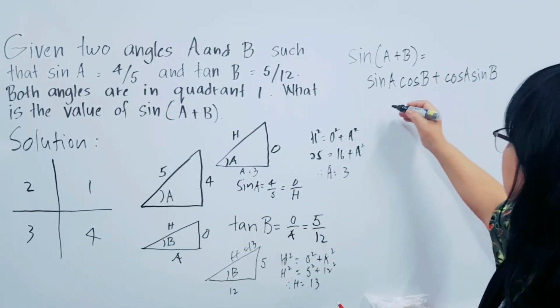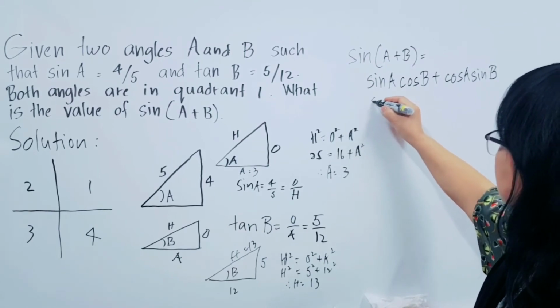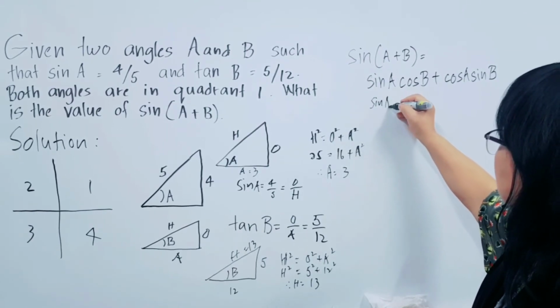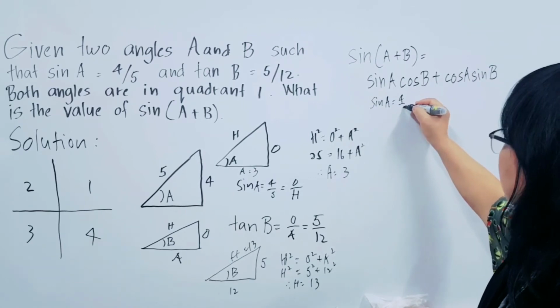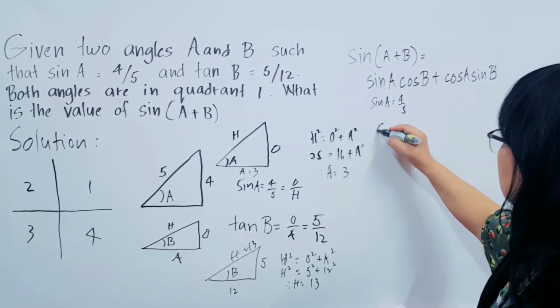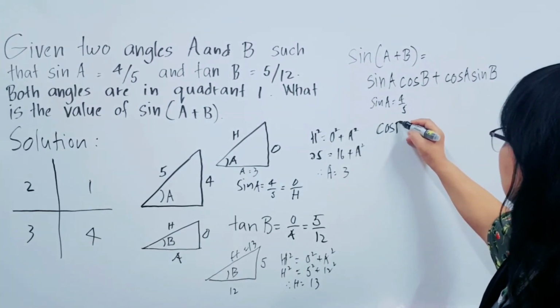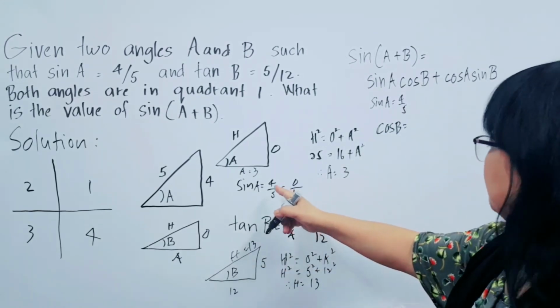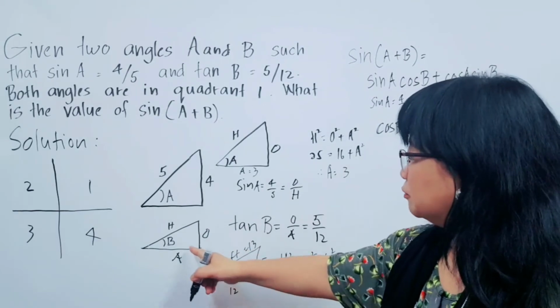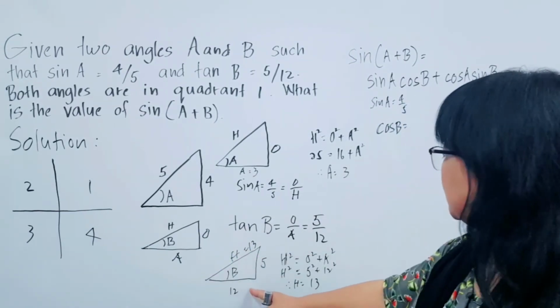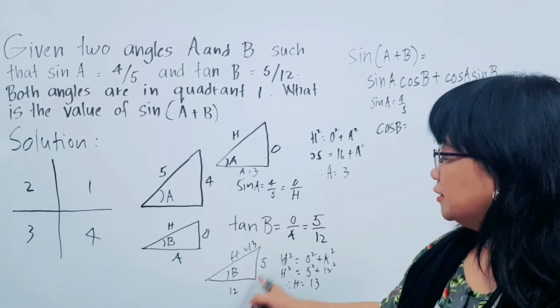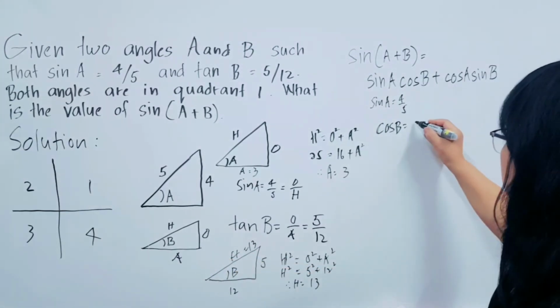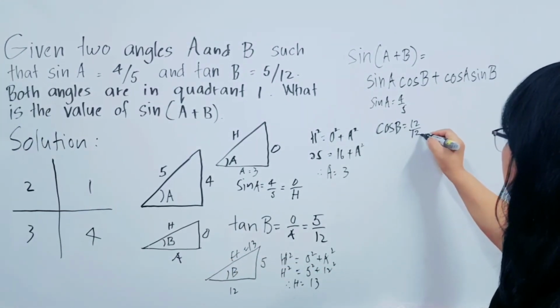therefore, sine A is equal to 4 over 5. Now we have to find the cosine B. From this diagram, because we are on the angle B, cosine is equal to the adjacent over the hypotenuse, which is equal to 12 over 13.